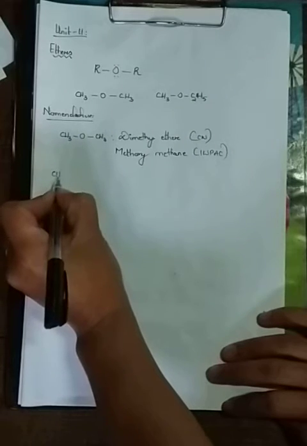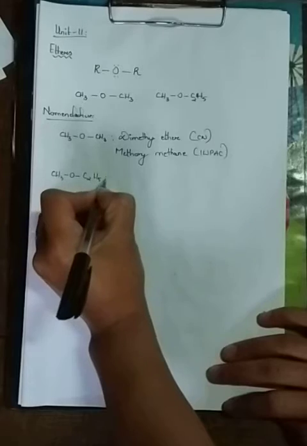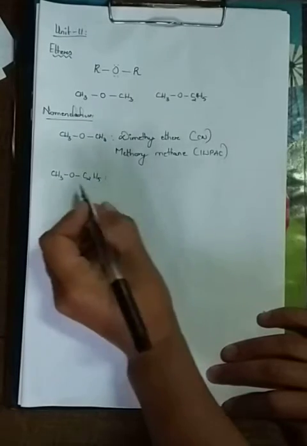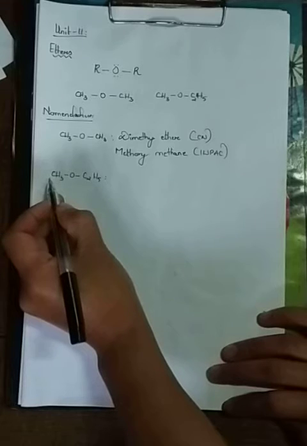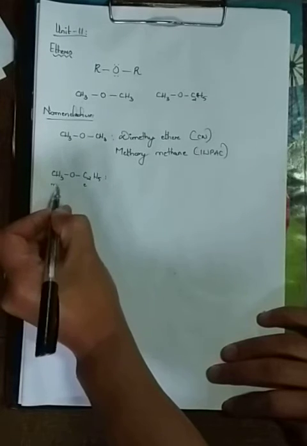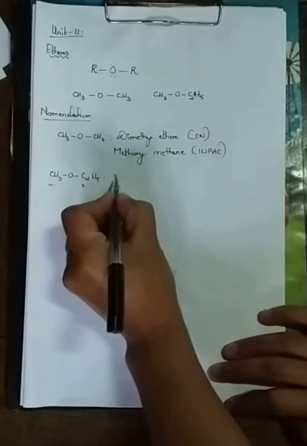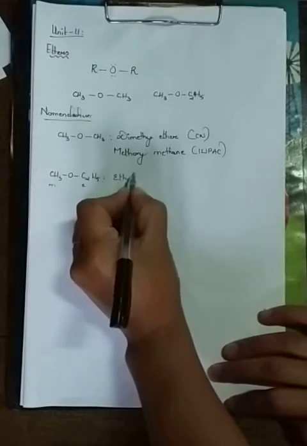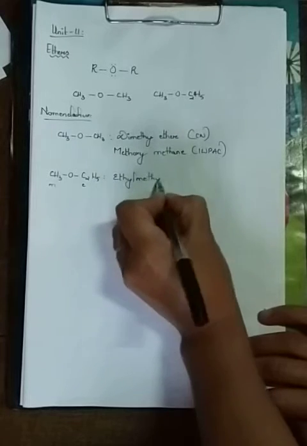Now the second example, CH3OC2H5. If you check the common name here, we have two carbon atoms on one side and one carbon atom on the other. According to alphabetical order, ethyl starts with E and methyl is M, and in the alphabet E comes first. Therefore the name here will be ethyl methyl ether.